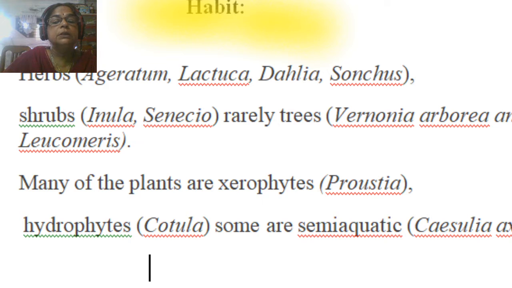In this family, trees are very rare. Vernonia cinerea is a herb, but Vernonia arborea is an example of the tree habit. In this family, the adaptations are very good. Many plants are present in xerophytic conditions, for example Prosopis. This plant is found in xerophytic conditions where the temperature is very high.